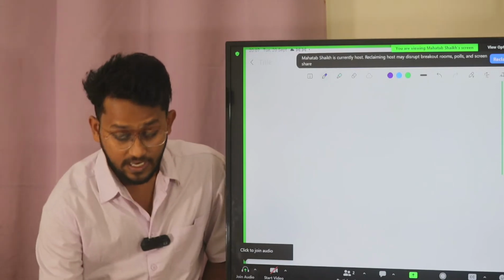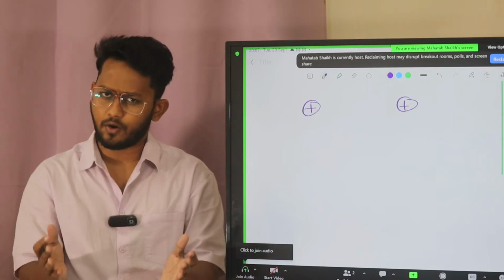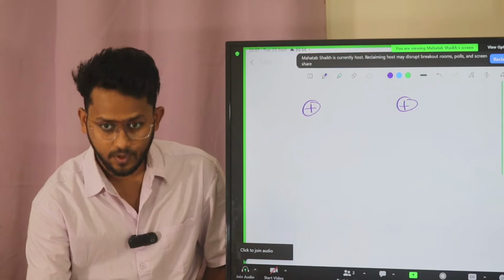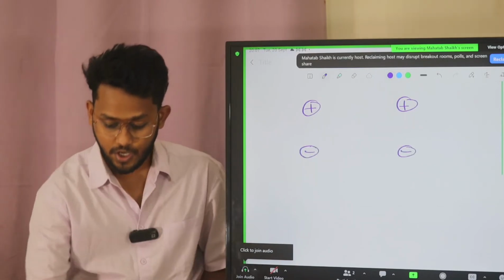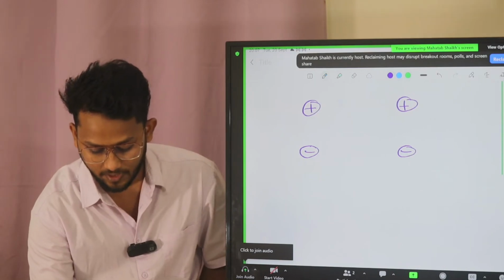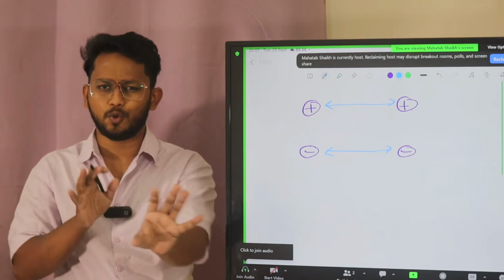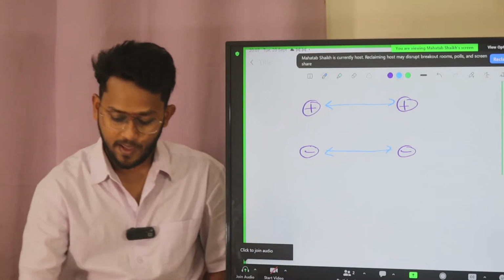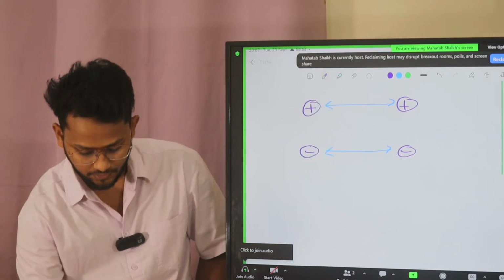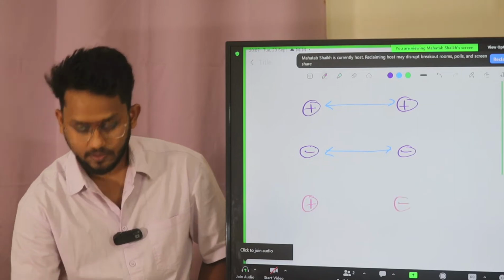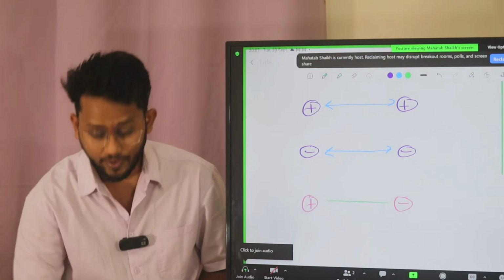If you have like charges, suppose you have a positive charge and in front of it there is another positive charge, or maybe a negative charge and in front of it another negative charge, there will be a force of repulsion between them. So they will try to push each other apart, right? Now when we talk about unlike charges, that's a positive charge in the vicinity of a negative charge, that's where we have a force of attraction.